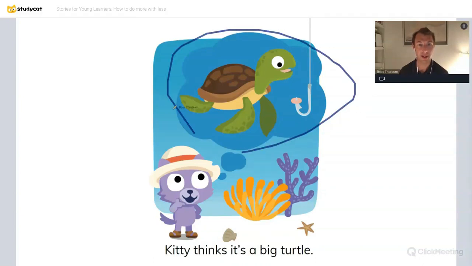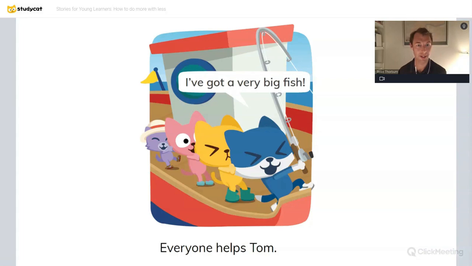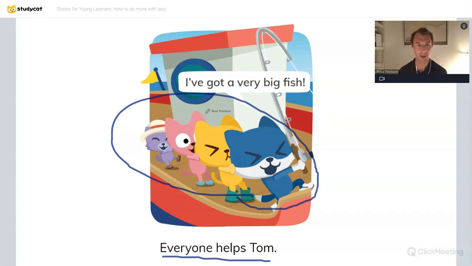Kitty thinks it's a turtle, a big turtle. Yeah, so let's see what happens. Everyone helps Tom. So we've now got all 4 cats pulling on this. And Tom says, I've got a very big fish. So you see Tom's very, very confident. Let's see, what does Tom pull out of the water?